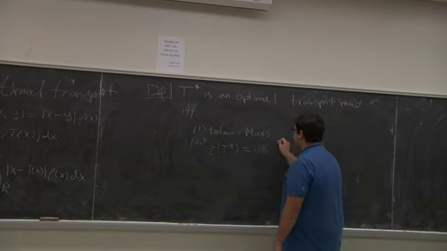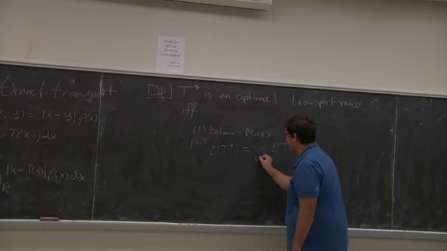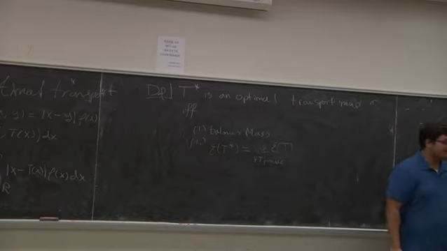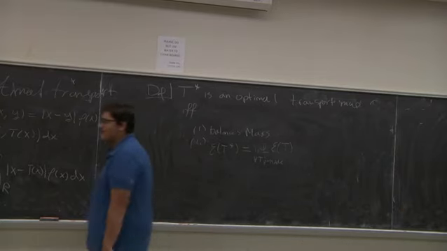The infimum of the energy functional over all possible transport maps, so over all T possible. Right. So that's an optimal transport map. Where am I at? Okay. Any questions so far?